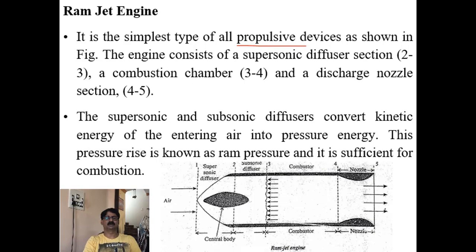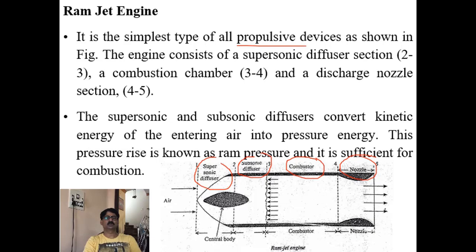The engine consists of a supersonic diffuser, that is section 1 to 2, then subsonic diffuser, that is 2 to 3, and a combustion chamber 3 to 4, and nozzle 4 to 5.